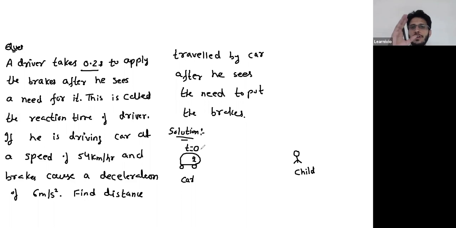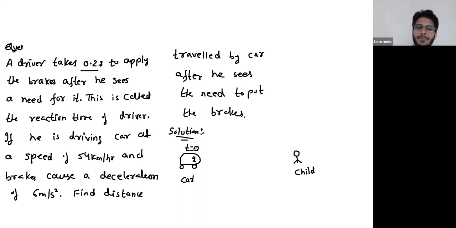He decided, okay, we have to put the brakes just to avoid accident with the child. But he can't apply the brake instantaneously. This is what actually happens in driving.